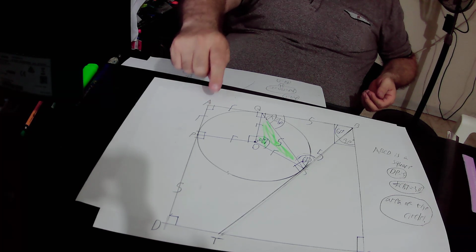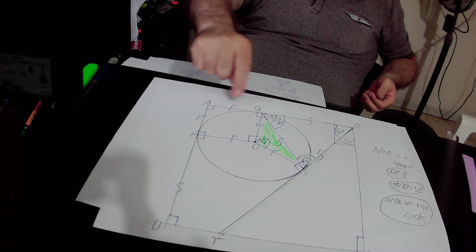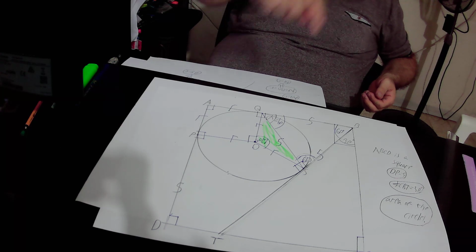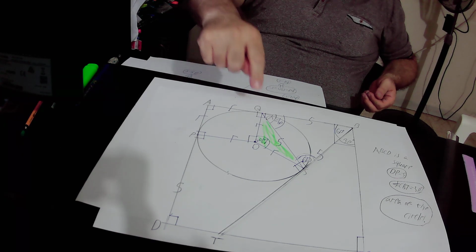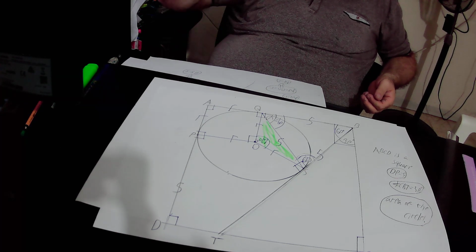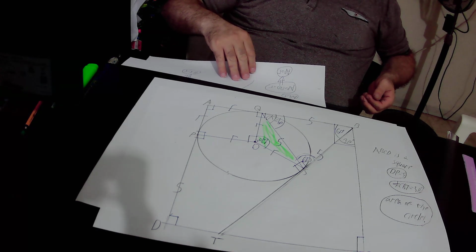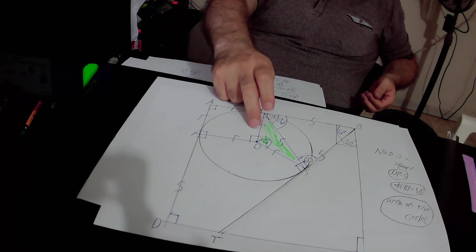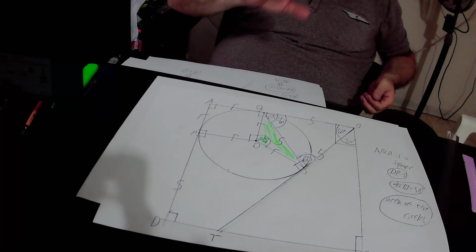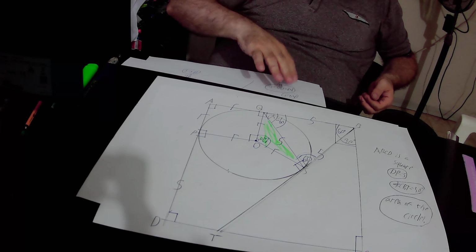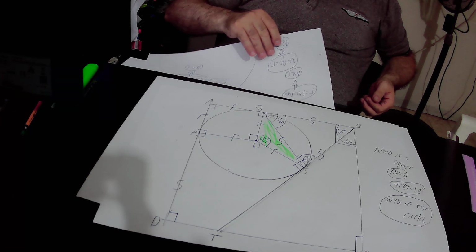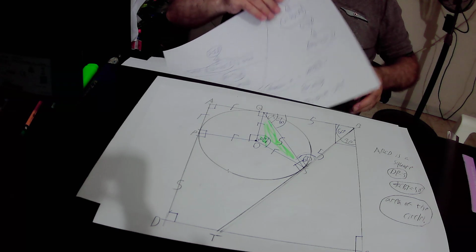So we actually found out that inside quadrilateral AQPO we have 1, 2, 3 right angles. The sum of three right angles is 270 degrees plus the size of the fourth angle. In total, they must be equal to 360 degrees, according to the rule that the sum of the angles in any quadrilateral is equal to 360 degrees.